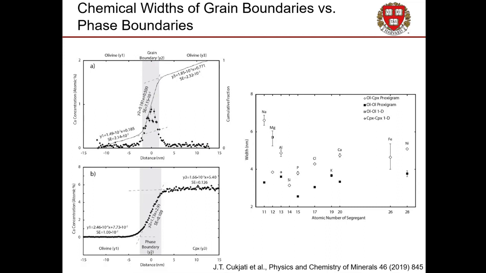But given that what we are talking about is concentration changes on the scale of less than 1% over a length of 3 or so nanometers, you'll begin to see why this is the kind of measurement that can only be done with this type of very granular, atom at a time local composition technique.